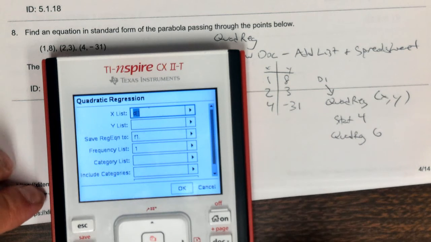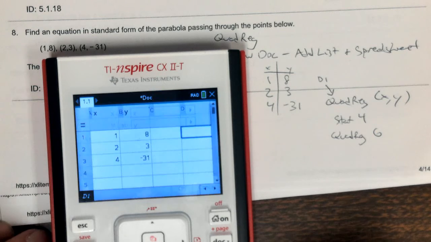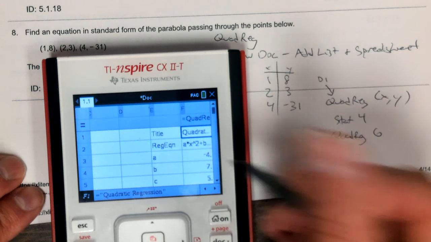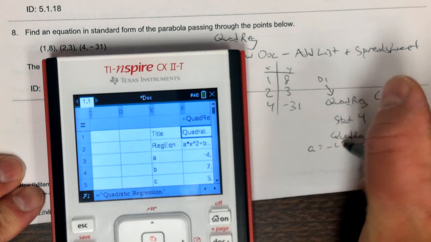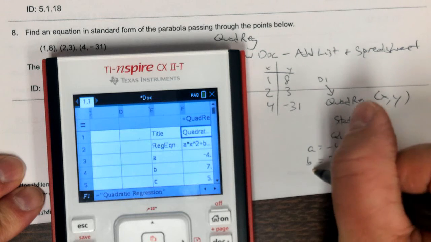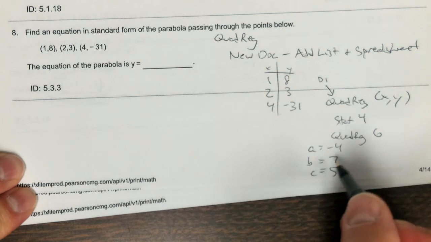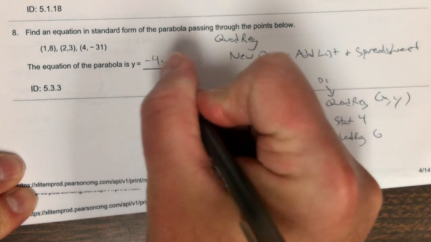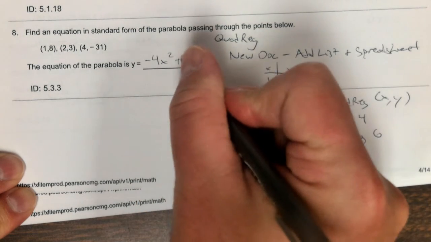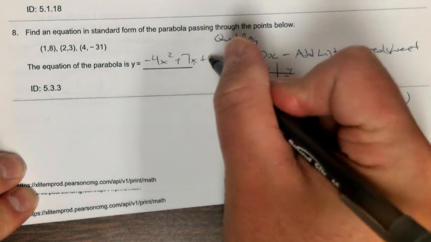And then you put X here and Y here, and this is -4 for A, B is 7, and C is 5. So what that means is you have Y equal -4 X squared plus 7X plus 5.